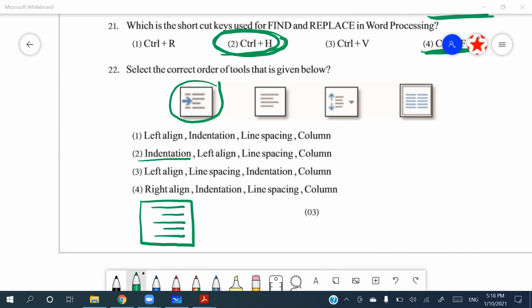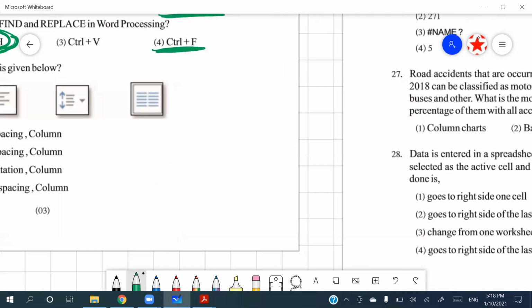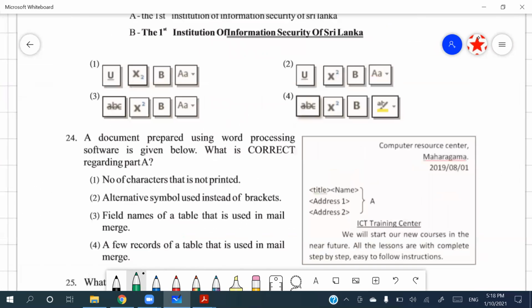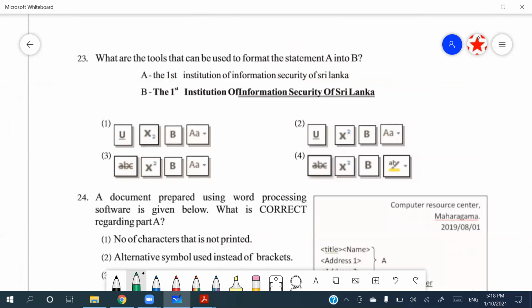Right. So after the 22nd, move on to the 23rd. What are the tools that can be used to format statement A into B? Here we can find the bold formatting, as well as some superscript, and some underlining as well. Do we have anything else?